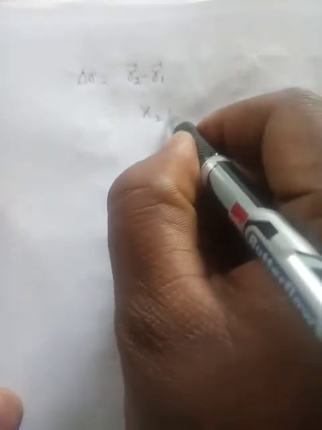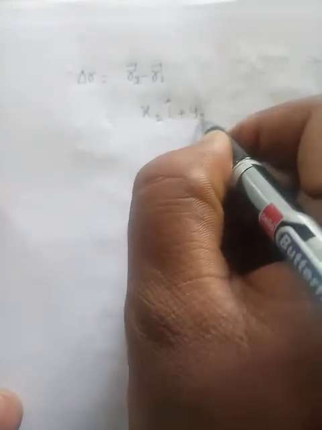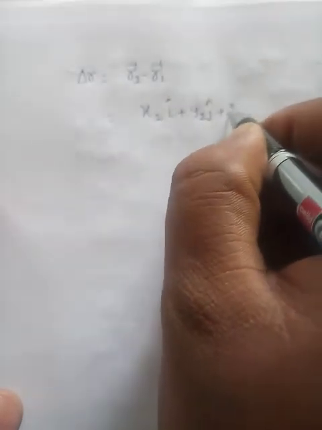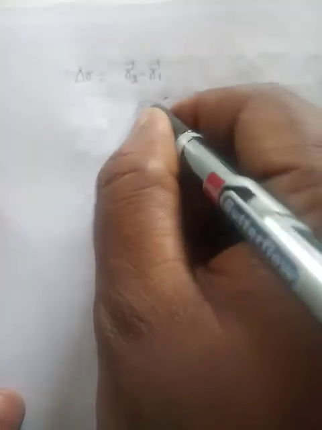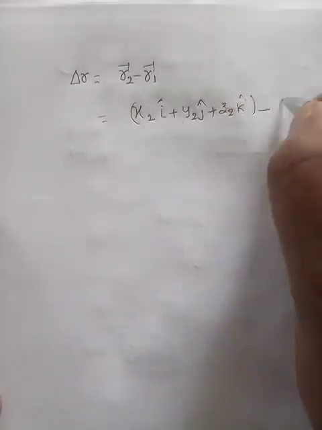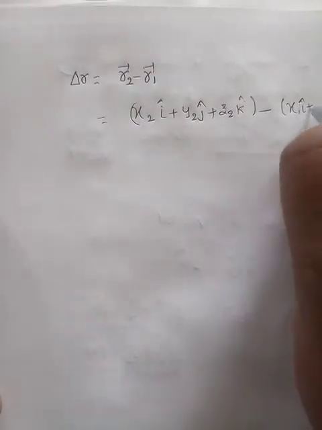What is displacement? The shortest distance between the initial point and the final point. So the displacement can be written as delta r equals r2 bar minus r1 bar. We can subtract the vectors which are traveling along the same direction. So you can write x2 î plus y2 ĵ plus z2 k̂ minus x1 î plus y1 ĵ plus z1 k̂.